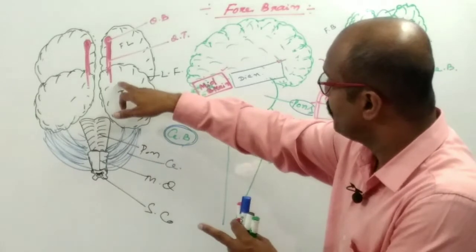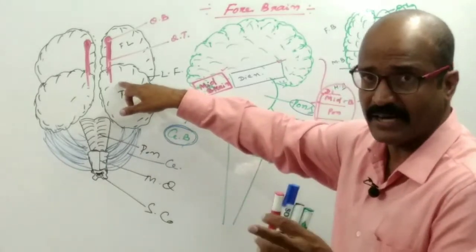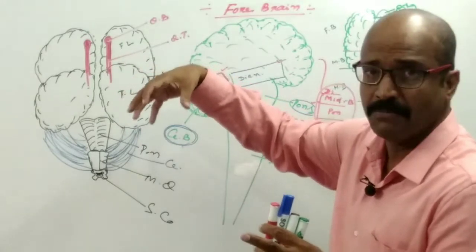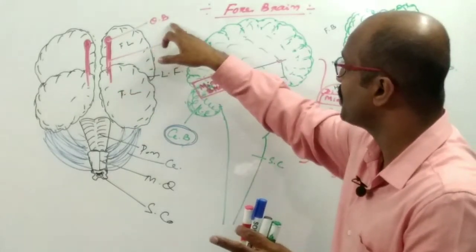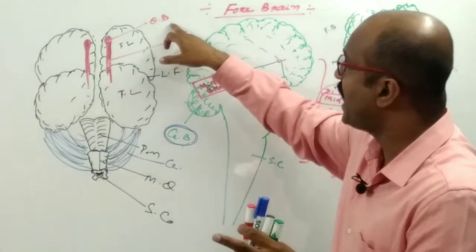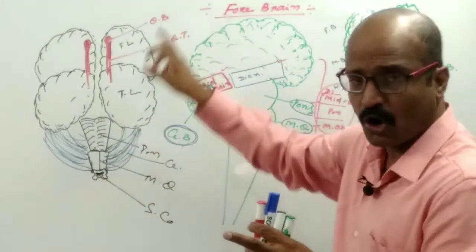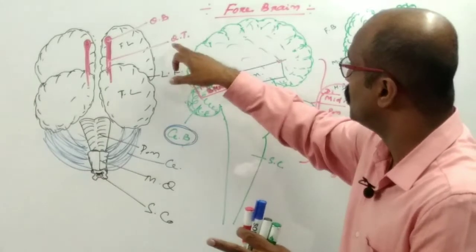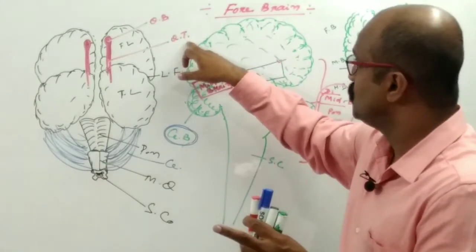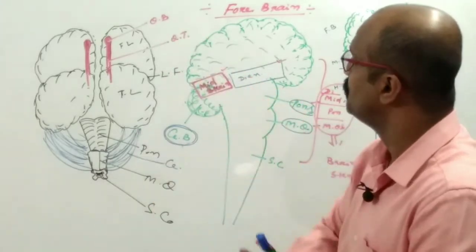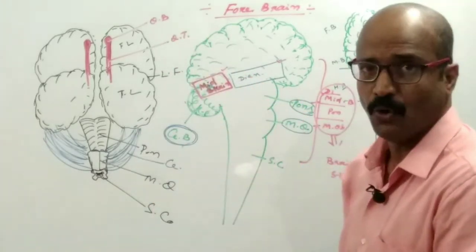Each is differentiated into two parts: the anterior swollen body is the olfactory bulb, and posterior to it is the slender rod-like olfactory tract. Together the olfactory bulb and olfactory tract are known as the olfactory lobe.